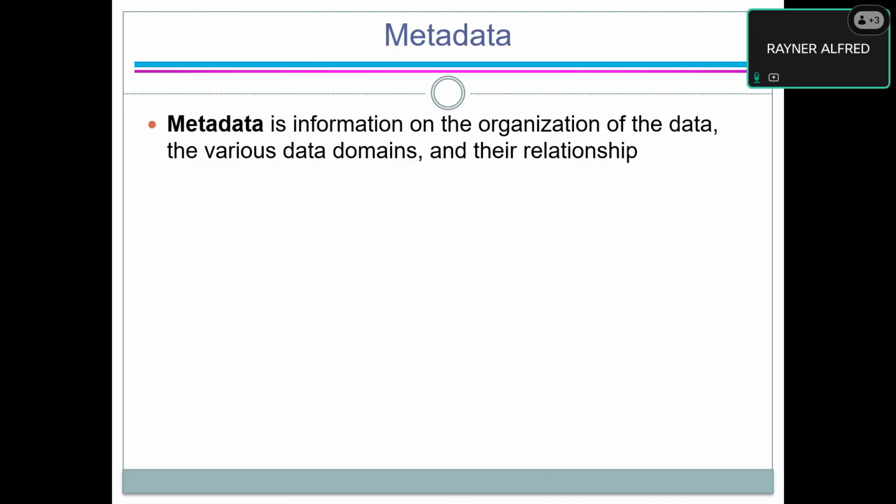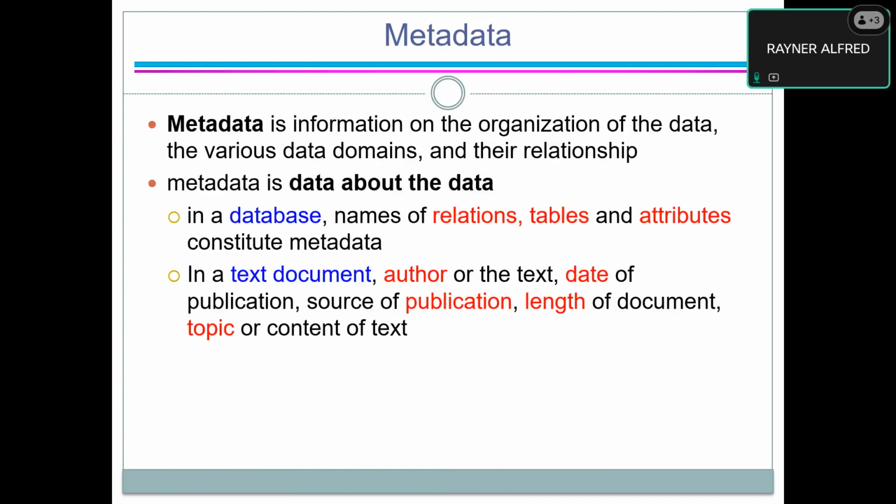Okay. So metadata is the information on the organization of the data, how do we organize them, what is their relationship, and so on. Okay. So I believe you have seen database.